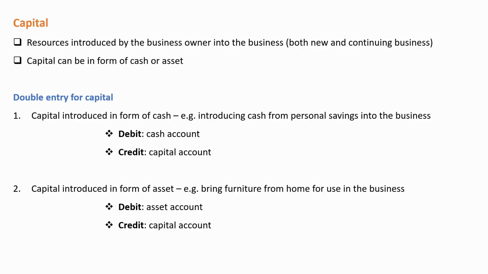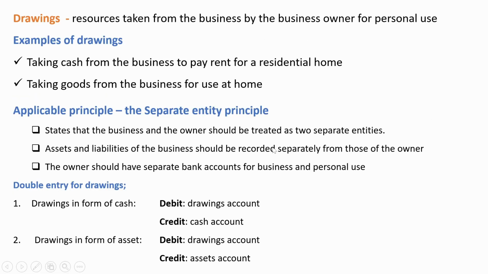So you are going to estimate the value of that furniture, and you are going to record in your capital that you have introduced more capital. Any asset that you bring from home into your business becomes capital. So that is how we record capital introduced into a business.